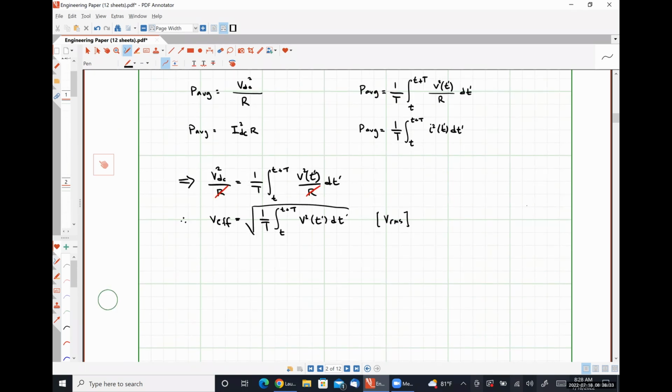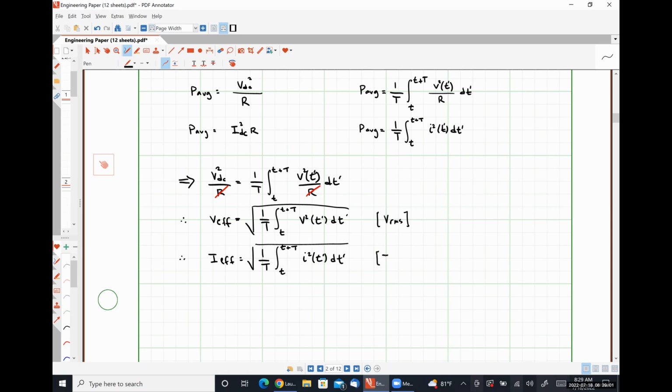Through an extraordinarily similar derivation, we could also find that the effective value for a current is the square root of 1 over T times the integral over 1 period of i of t squared.